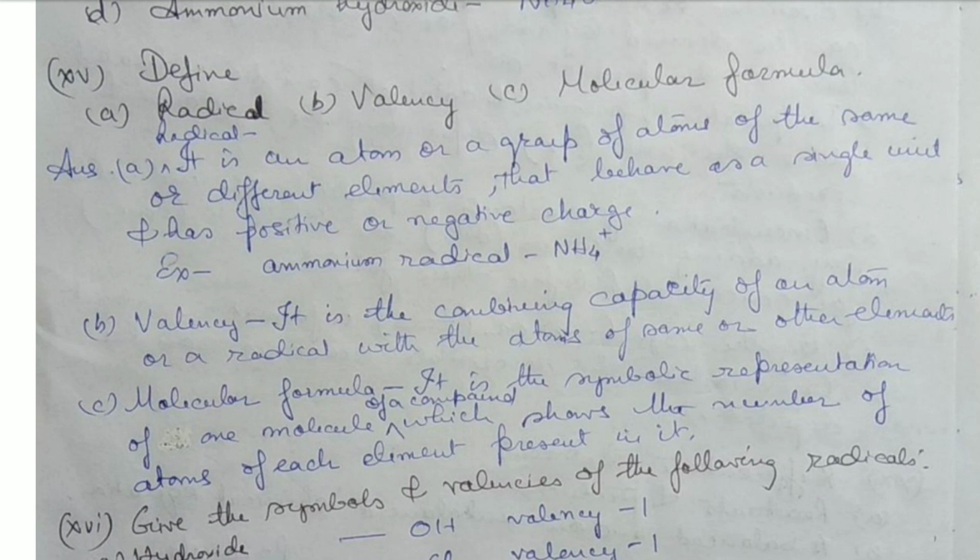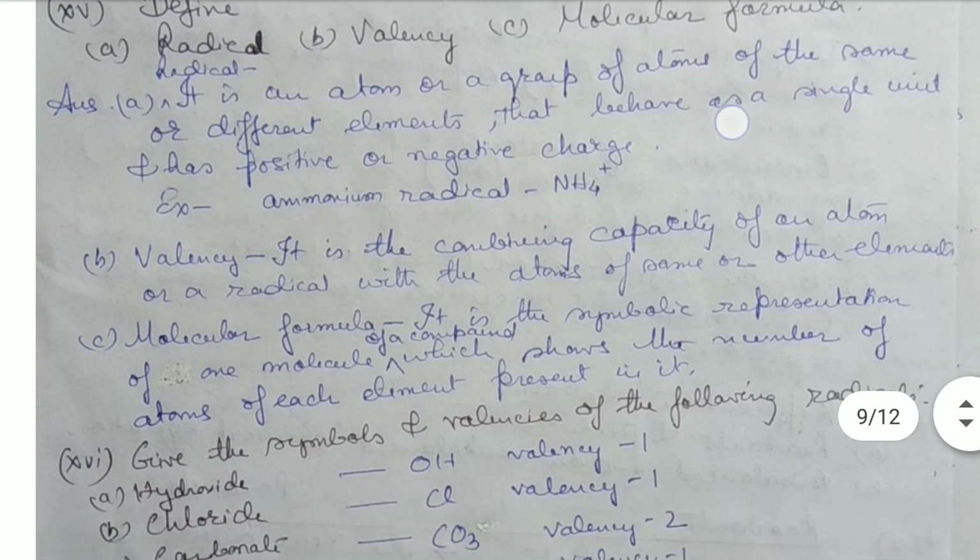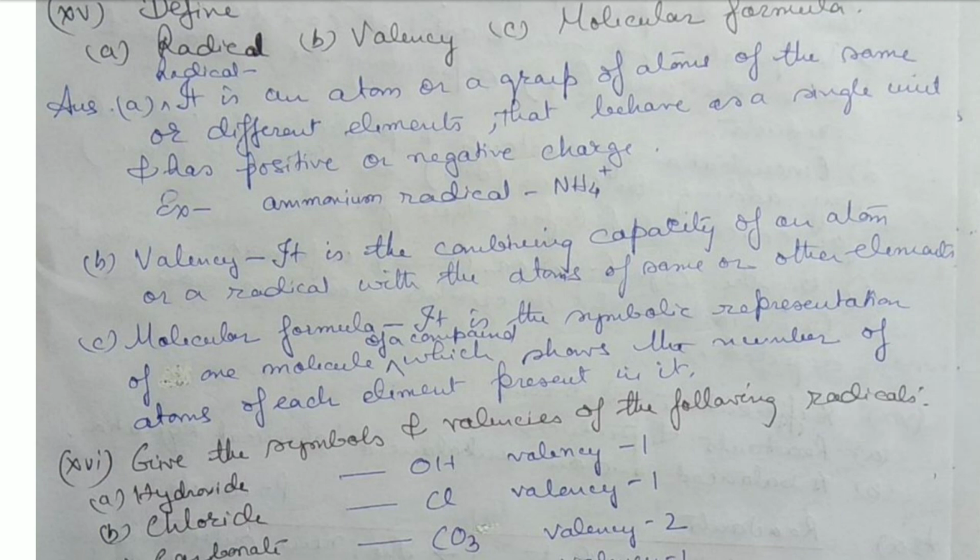Two elements are there, nitrogen and hydrogen, both acting as a single unit having a positive charge. So this is a radical, NH4 plus, and it acts as a single unit having one plus charge.